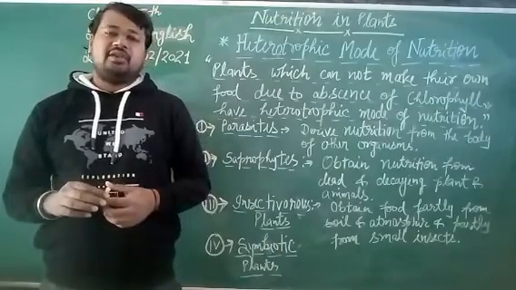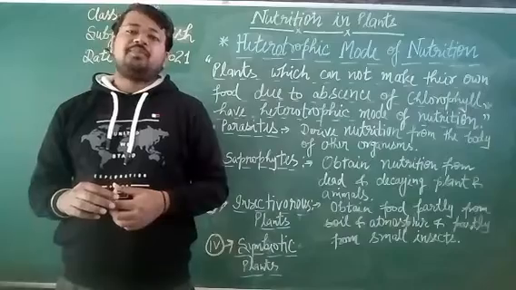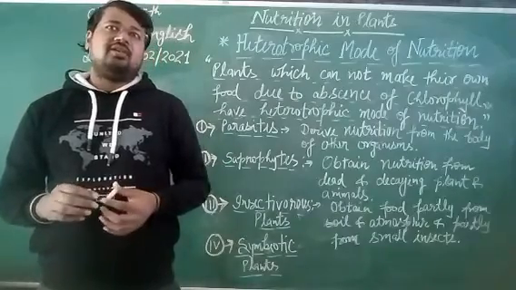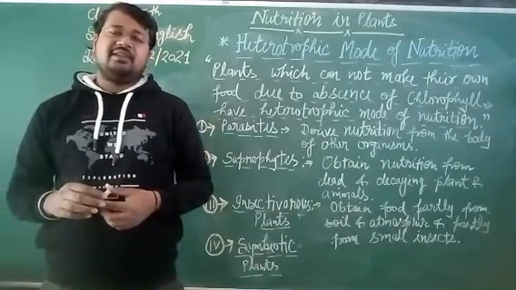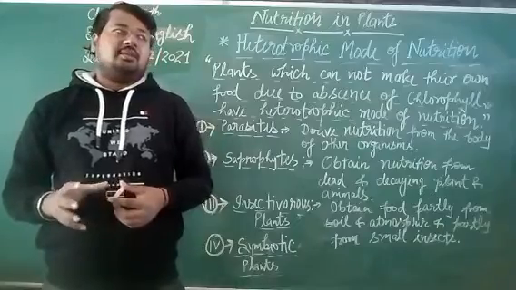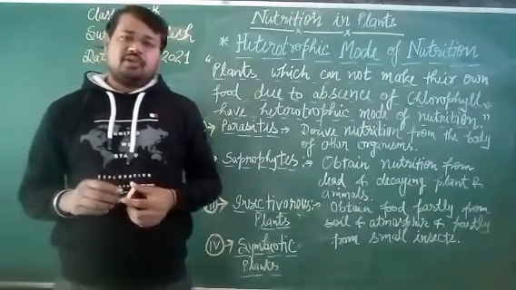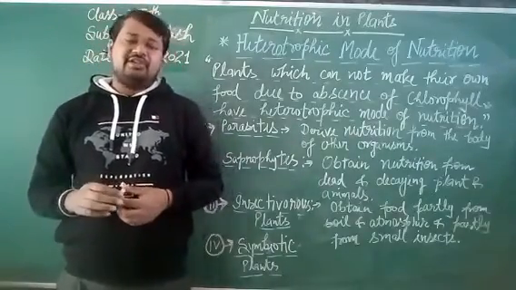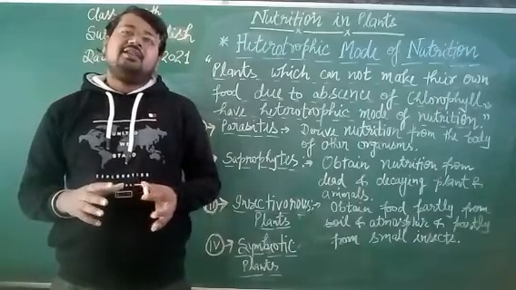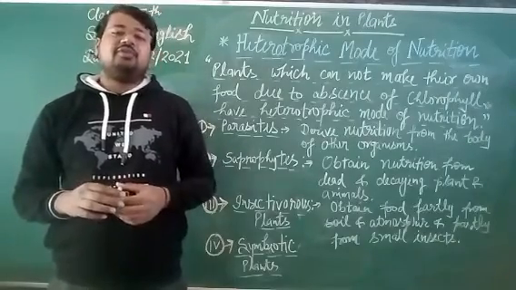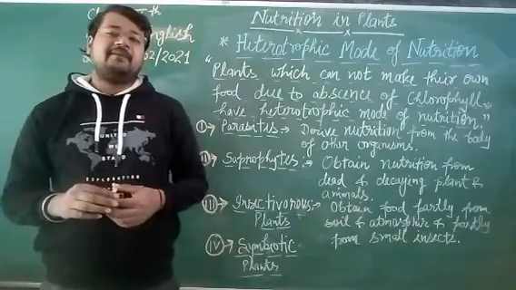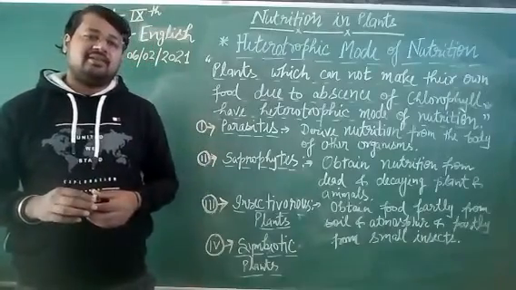They grow on trees like mango, or on lower trees. They absorb moisture present in the atmosphere through their roots, but they are able to make their own food because the chlorophyll pigment is there. So they are not total parasites.